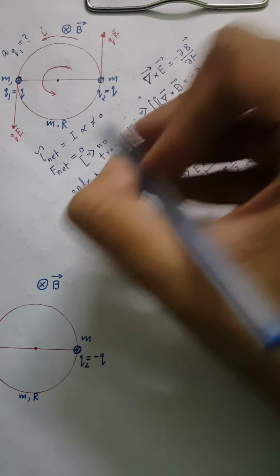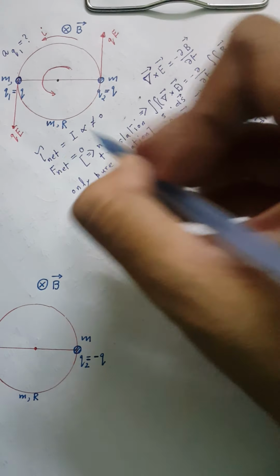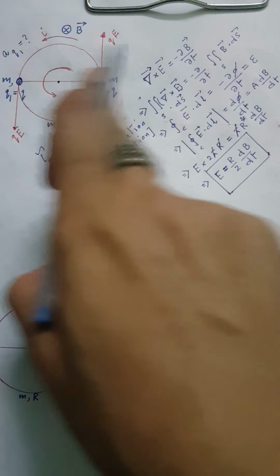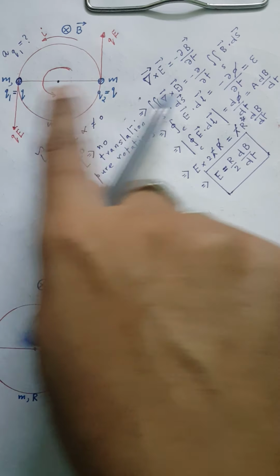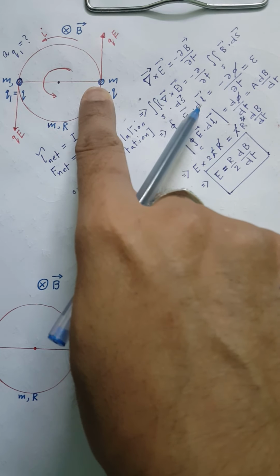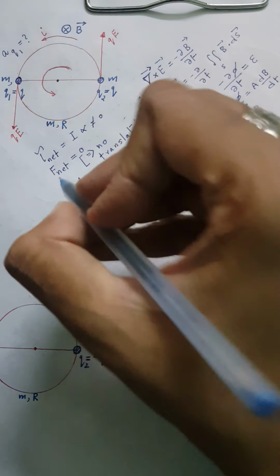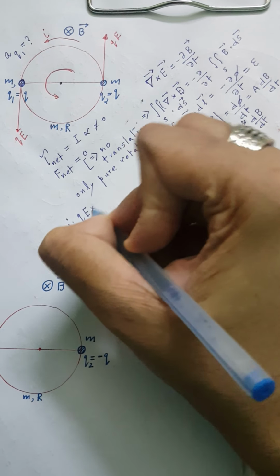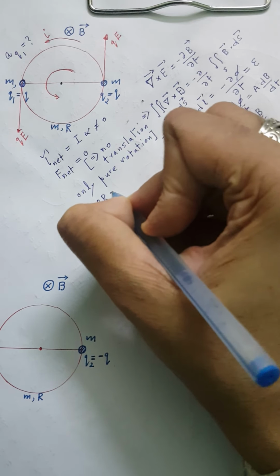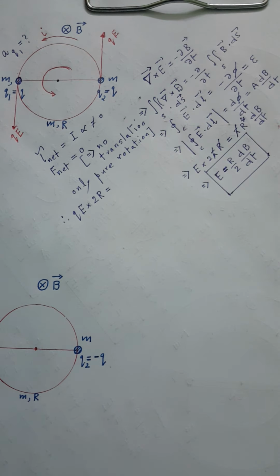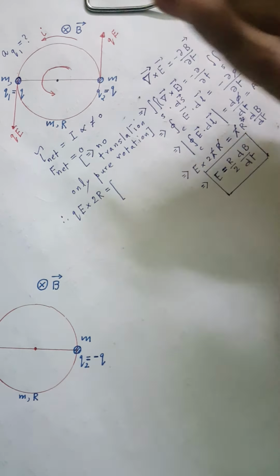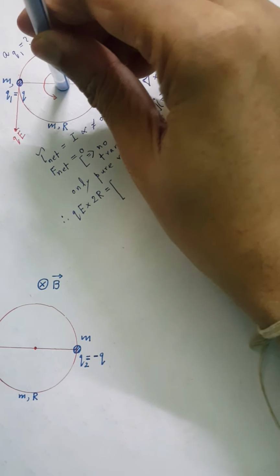So if there is pure rotation, we can say tau net is I alpha. What is tau net? Force into couple arm. What is the couple arm? What is the distance between these two charges? 2r. So therefore QE into 2r equals I alpha. What is I? You see the disk is rotating about this particular axis, about the center.